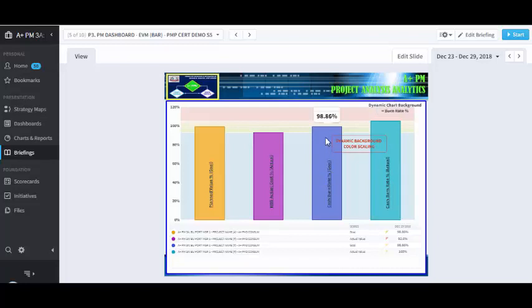So the goal for the cash burn rate was supposed to be at 98.86%, and it was supposed to be at the midpoint or the green level, right? But we're actually overrunning, so we're coming in at 105%.